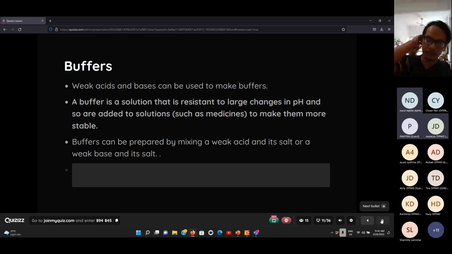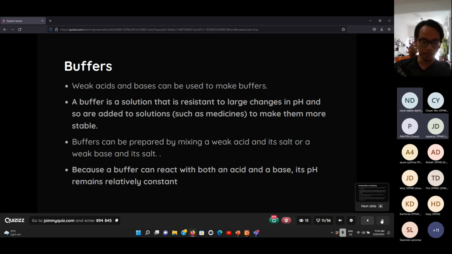So this is how you make a buffer solution, the importance of understanding the strength of acid and bases. Because the application in pharmacy adalah kita buat pharmaceutical drugs by applying the weak base and the weak acid dalam ubat.